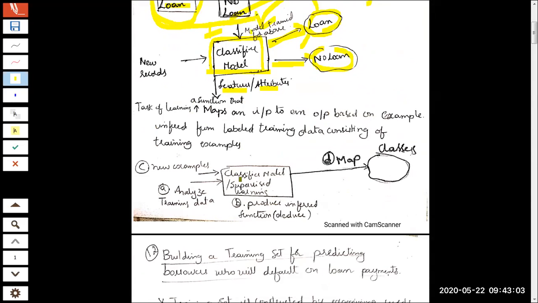So one more formal definition. As I already told you, for a classifier or classification, specifically supervised, hundreds of definitions will be available. Open Google and type what is classification, what is a classifier. You will see hundreds of links with different definitions. Many definitions can be there, but all the definitions will point to one common aspect, which was already discussed.